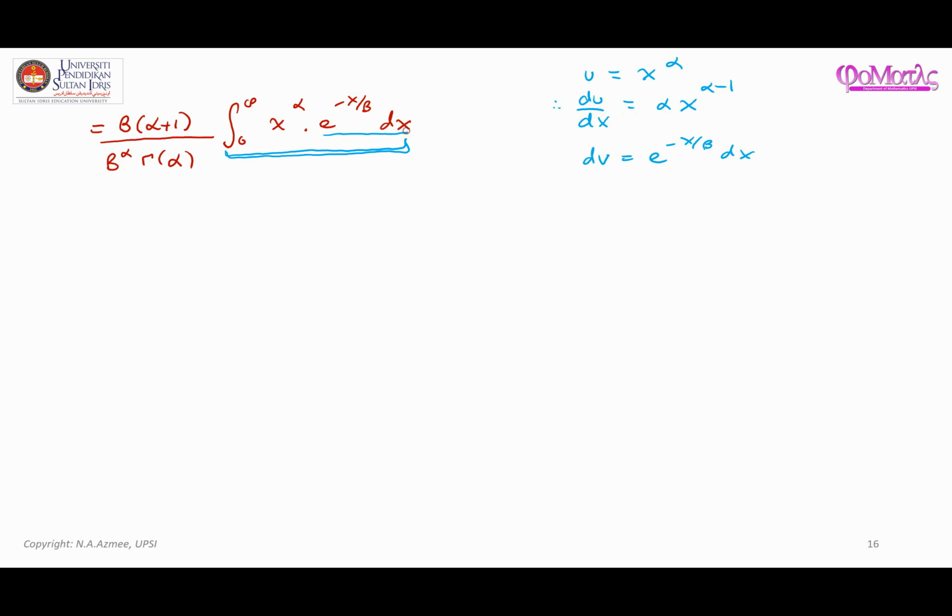So this is dv and this is u. If you apply the integral to both sides of the equation, then the result is going to be v equals e^(-x/beta), and the constant for x here is negative 1 over beta, so that's what we put right here at the bottom, negative 1 over beta.